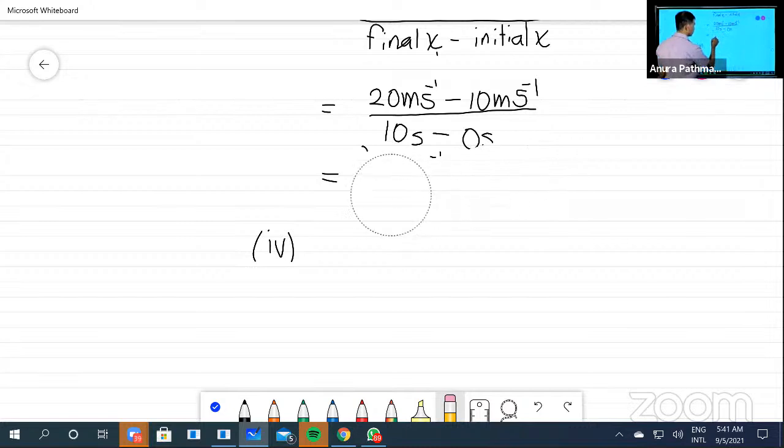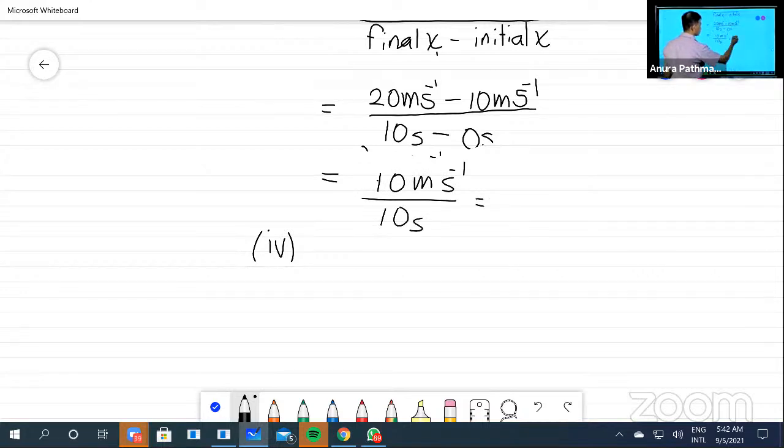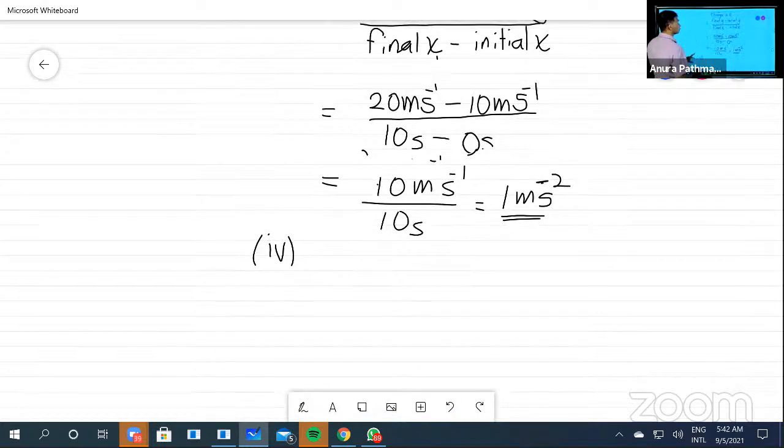Sorry, incorrect on the spot. 20 minus 10 is 10 meters per second, over 10 seconds is 1 meter per second squared. Only one child corrected me. What's the next one? I was confused with that.